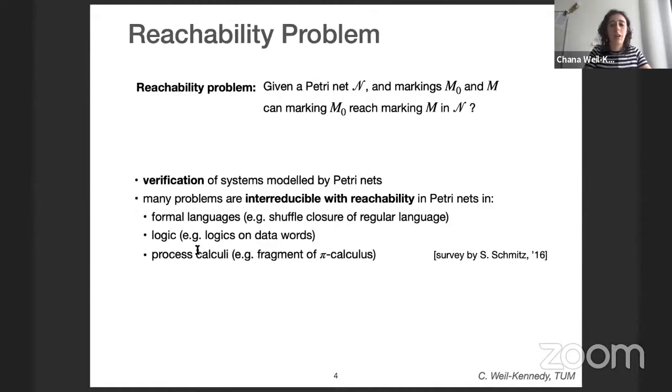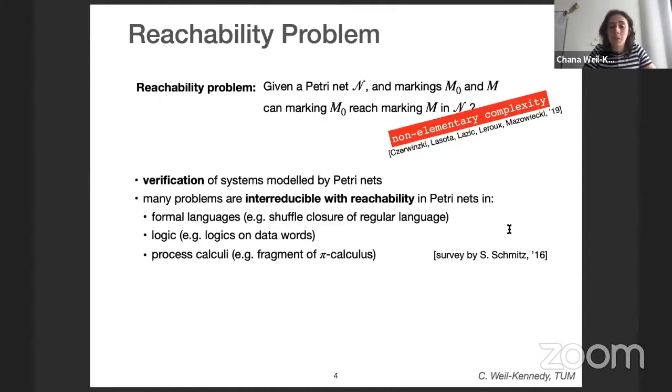Here I just put examples from formal languages and logic and process calculi, but if you're interested in the interreducible problems, there's a good survey by Sylvain Schmitz, which lists these. Now the problem, as Slavik said, is that in the general case, the reachability problem is very, very hard.